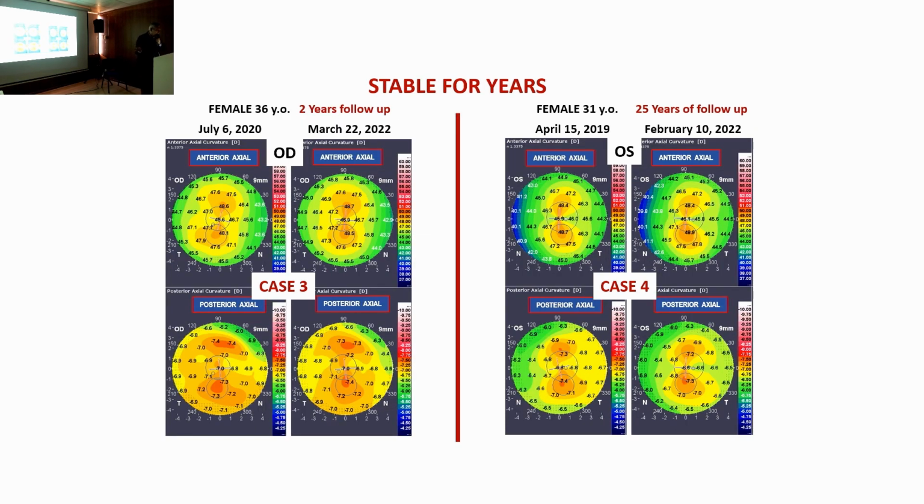This is a 36-year-old with 2 years, exactly the same. And this is a very interesting case, a girl that I began to see at 6 years old, now just last year married, this lady, and at the beginning it was only Placido, okay, but since I have the Galilei, she is exactly the same.